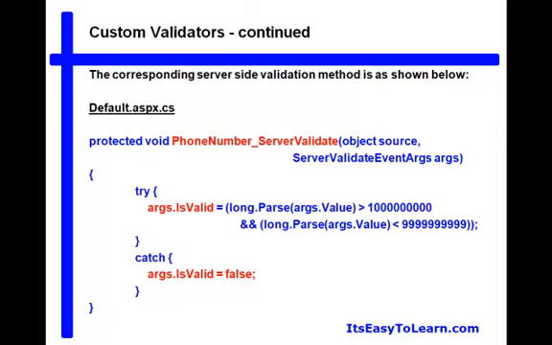This is our validation. This is how we make sure that whatever the user enters is at least 10 digits long. If this comparison holds good, then we specify the args argument is valid. Otherwise we specify is valid equal to false.